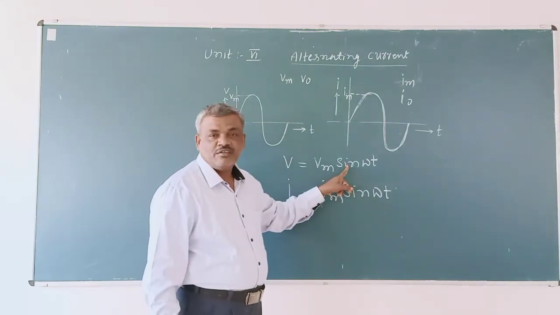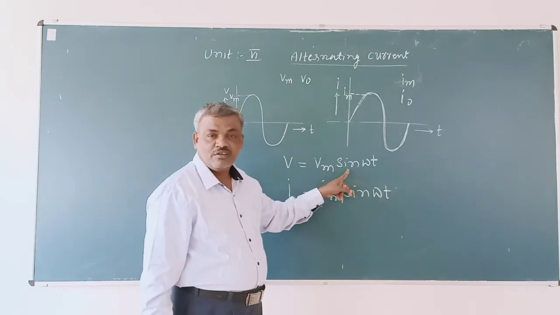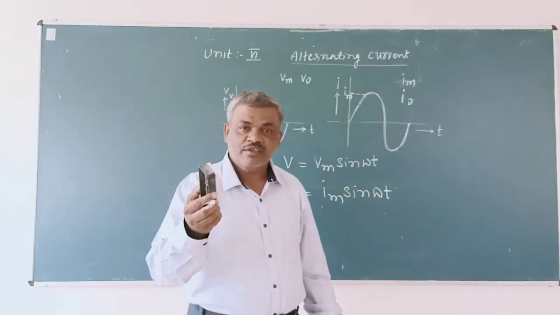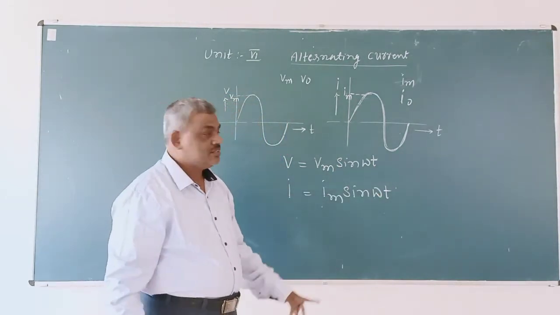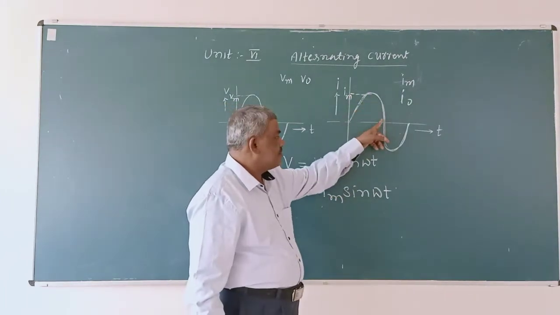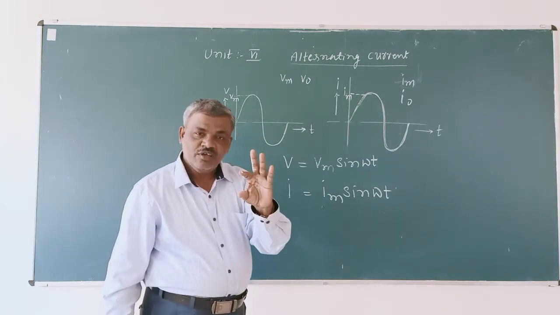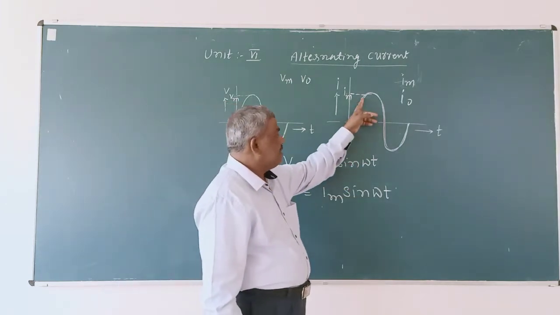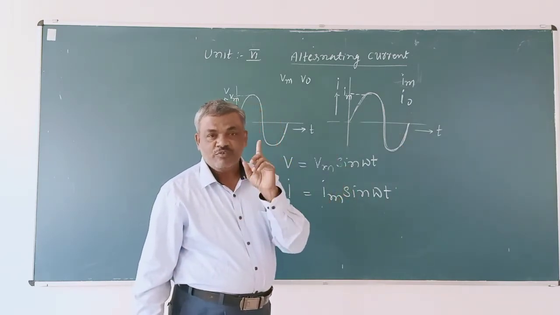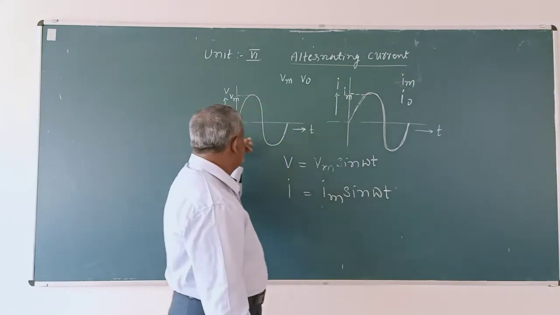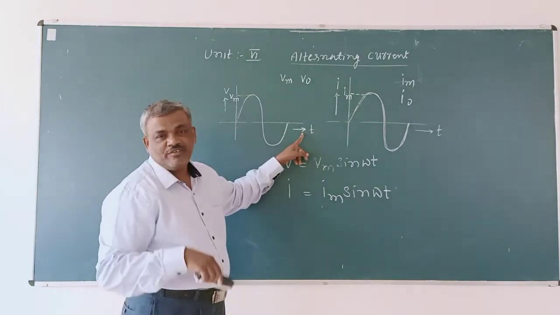And the sine function: simple harmonic functions, sine and cosine. Here it is the sine function. The voltage varying like a sine function with time is called alternating voltage. This is a very important point, students: voltage varying like a sine function with time is called a sinusoidal wave or sine wave.